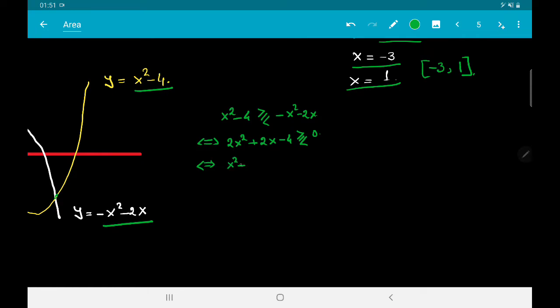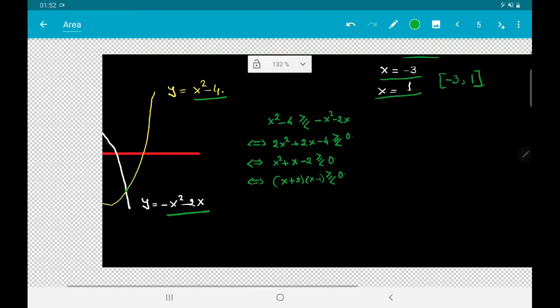We will get x square plus x minus 2 is either bigger than or equal to 0 or less than equal to 0, and this happens if and only if x plus 2 times x minus 1 has the same relationship.